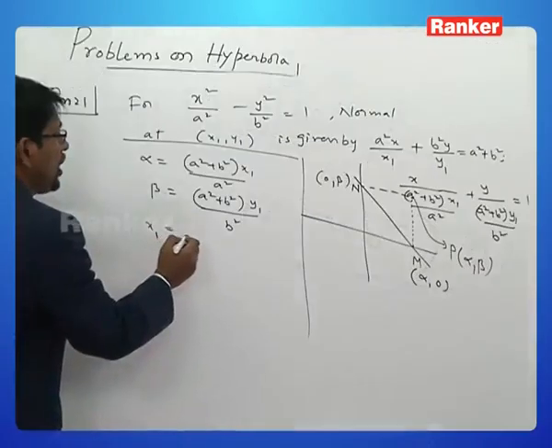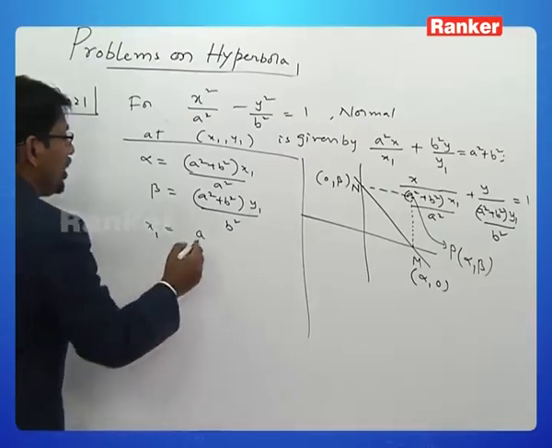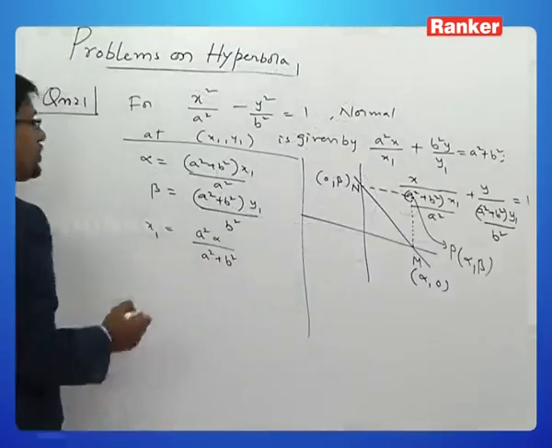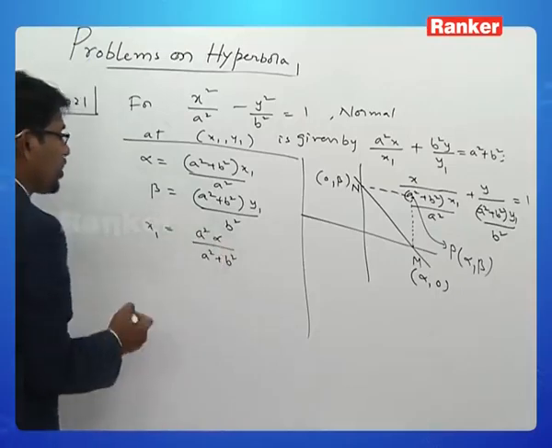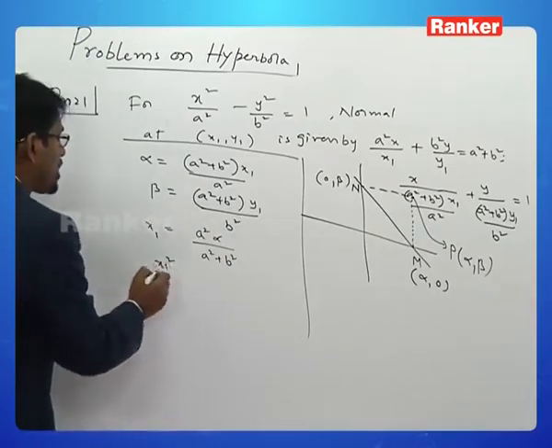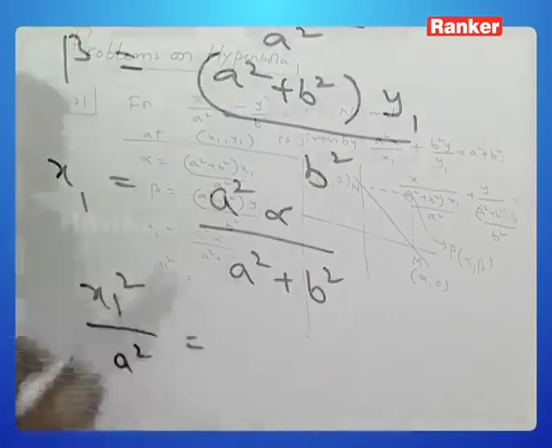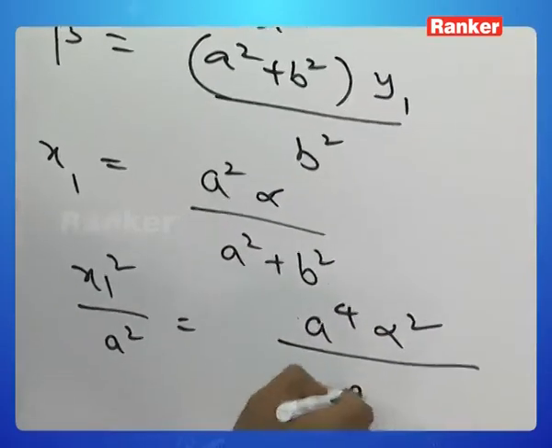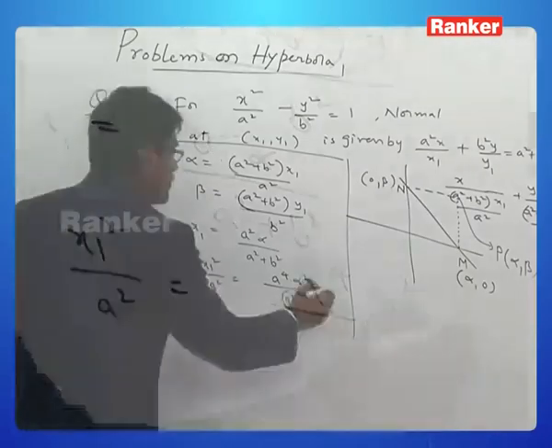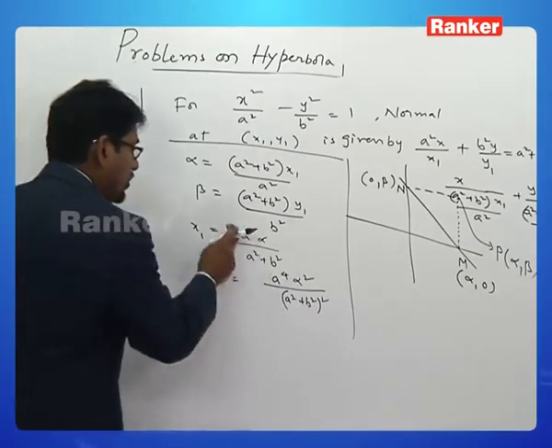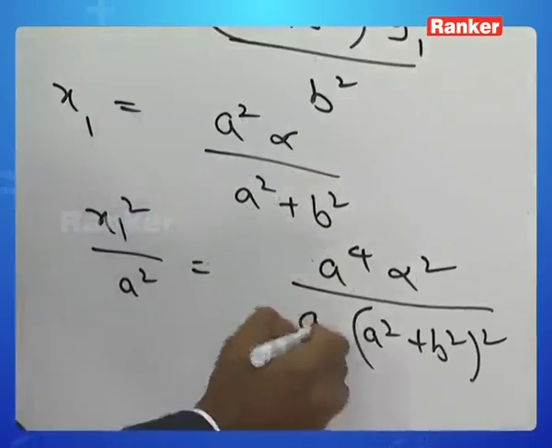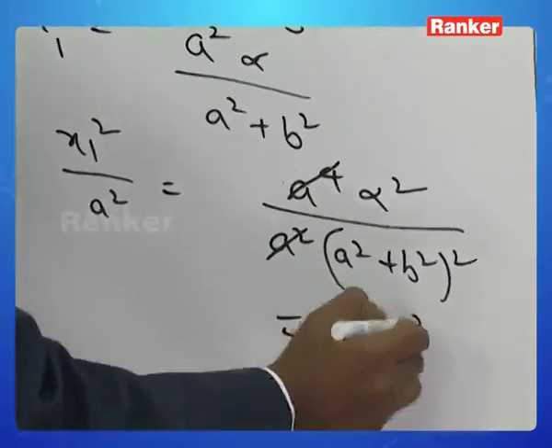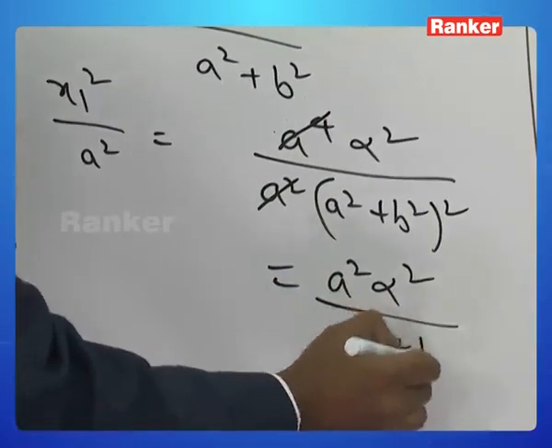What is that? x1 is equal to a square alpha by a square plus b square. Now x1 square by a square would have been a power 4 alpha square by a square plus b square whole square. That is x1 square is this by a square. So a square cancels and you will have a square alpha square by a square plus b square whole square.